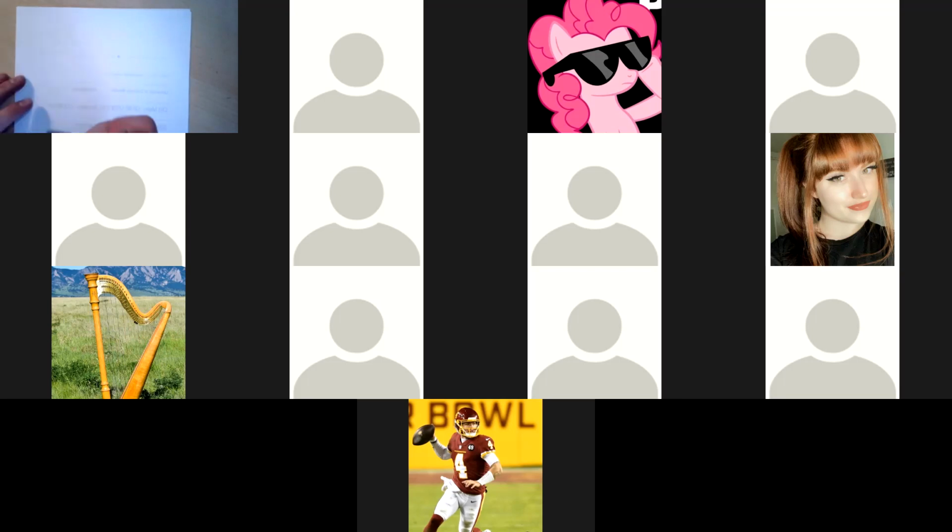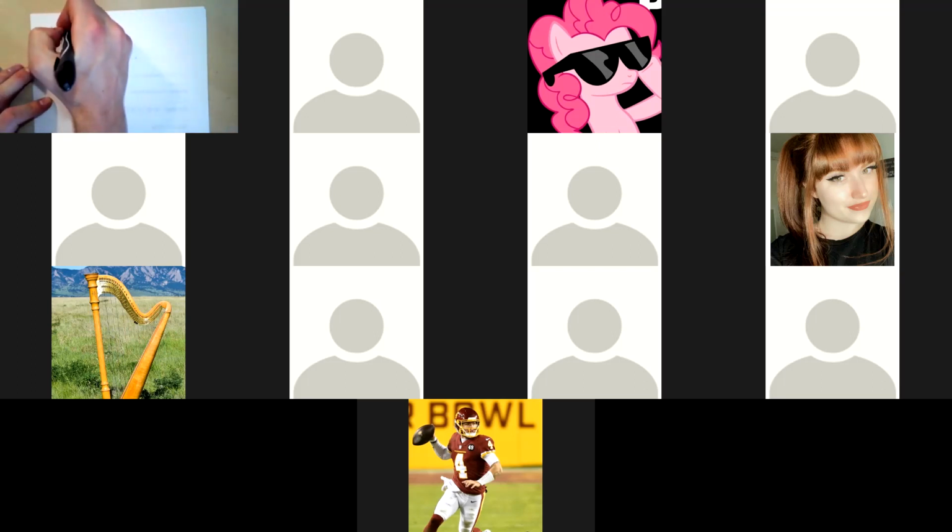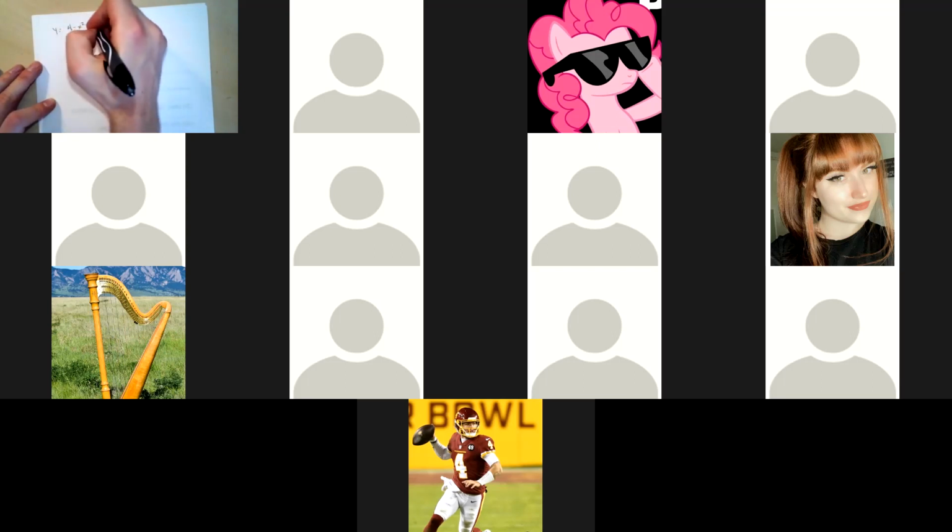So we can do something like the region bounded by 4 minus x squared and the x-axis.